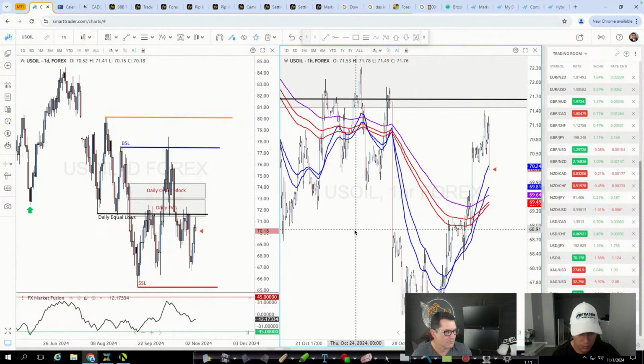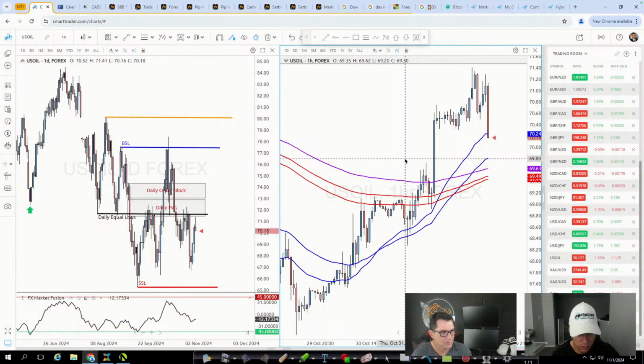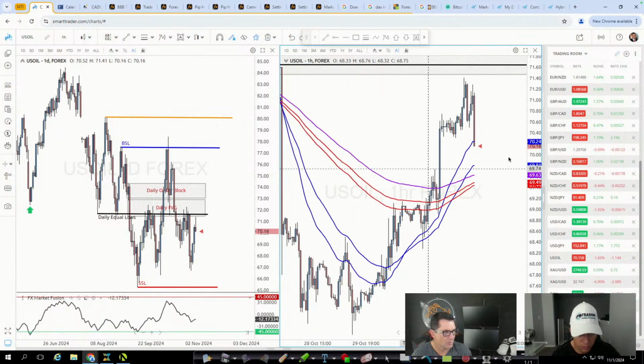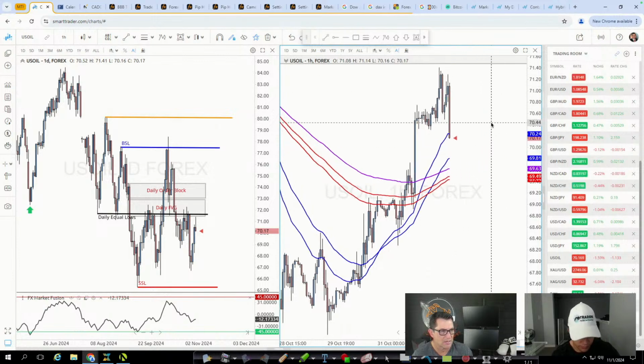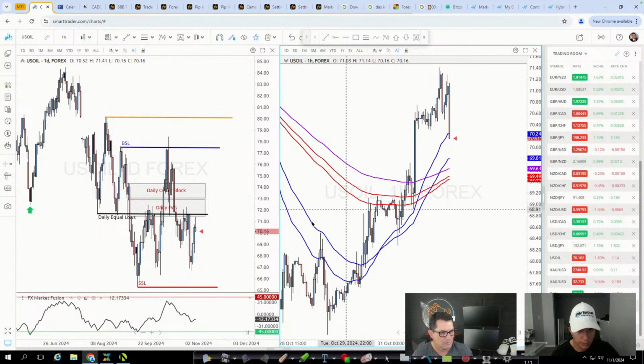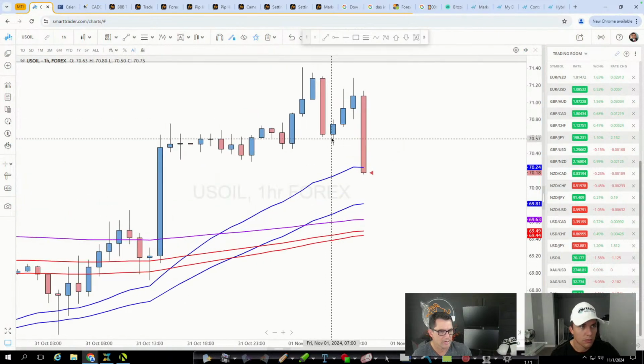And on the lower time frame here, we do see a little bit of a correction move in oil. Now, oil's still trading below $72 a barrel, which is not very favorable for the Canadian dollar itself. But it is telling me that we're starting to trend north. So this might be a dip for the next rally in oil. So I would be expecting oil prices just to maybe start swinging.